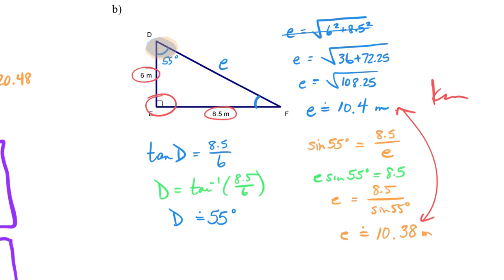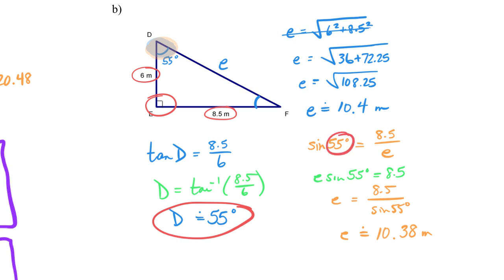Clearly, something happened. This is what I mentioned earlier to you when I said, don't use rounded information. I want you to notice that when we calculated angle D, we rounded. Now I use that rounded information to find something else. My problem is a little more off.